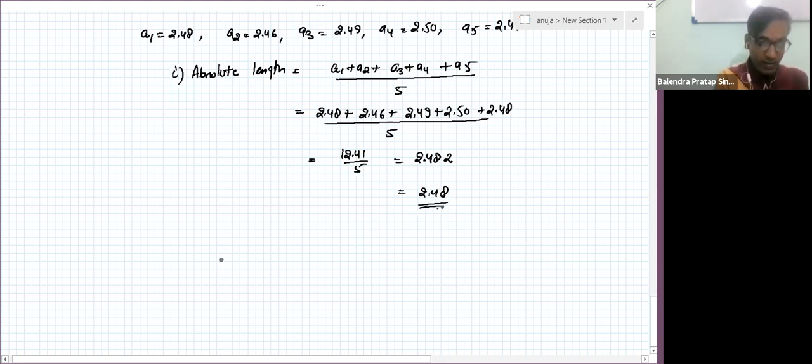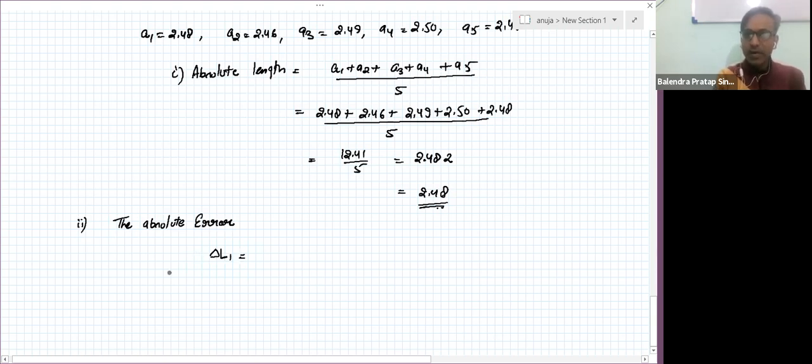Now let's come to the error part. Second, the absolute error. In our first measurement, the absolute error is delta A1, because here I'm taking A1, A2.